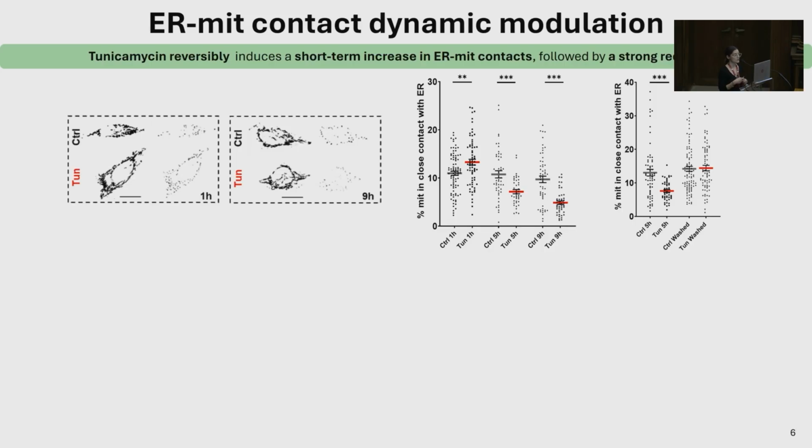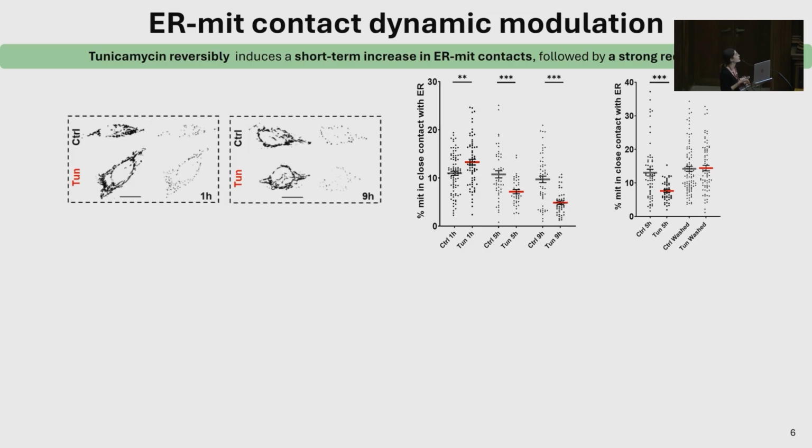With these clones, we studied the dynamic modulation of contact sites, and the reversibility of the probe allowed us to see increases and decreases of the contact sites. It allowed us to understand that the increase in contact sites between ER and mitochondria that is normally reported for ER stress is only transient.